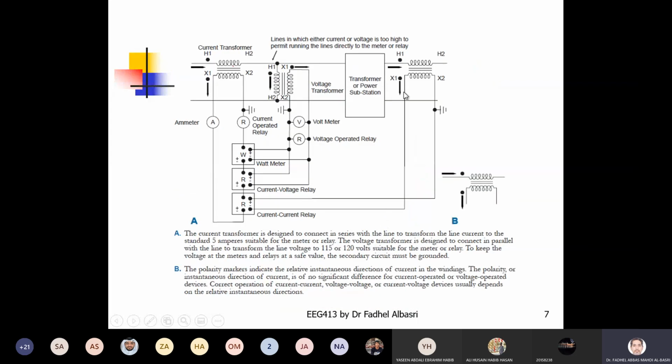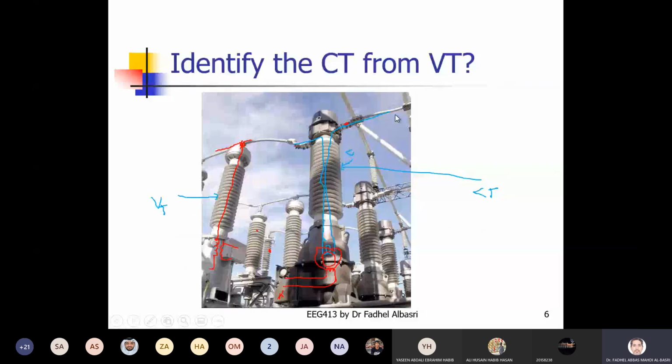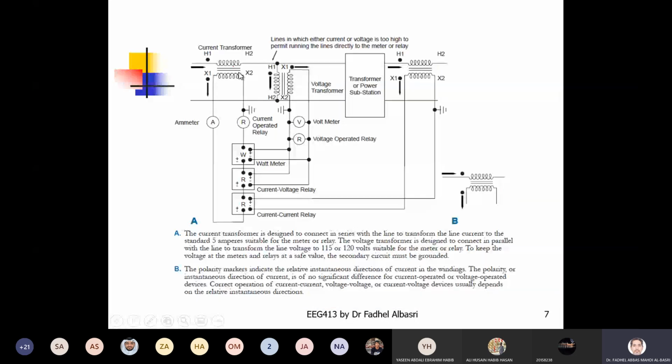Now, how do we utilize these current and voltage transformers in real systems? We can connect them, let's say, for transformer protection. I can use the CTs and VTs for either measurements, or we can use them for protection applications, or both, for example.